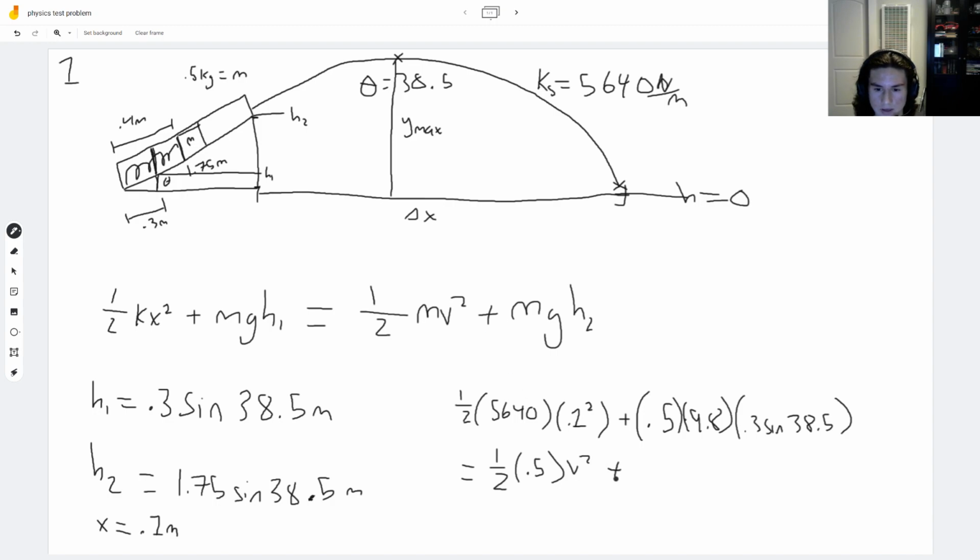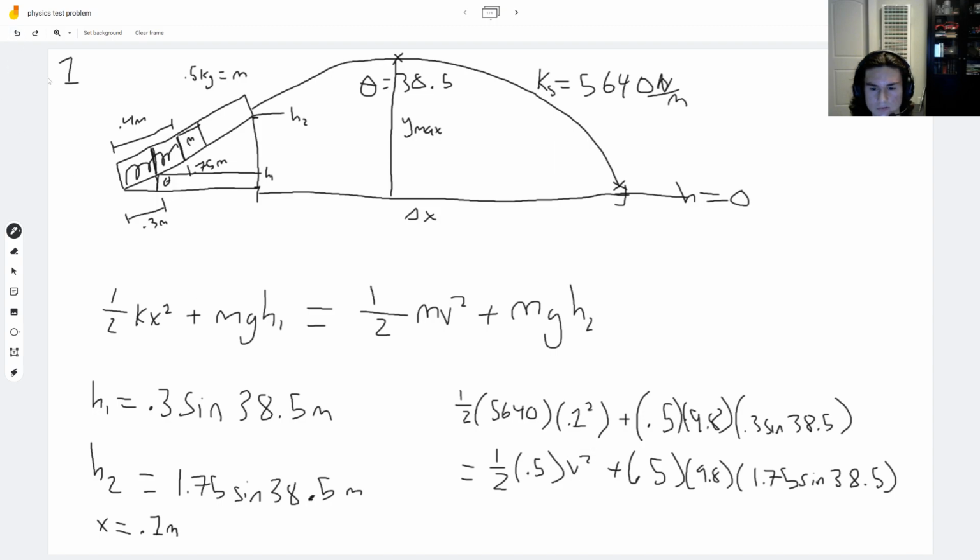And then we're going to add 0.5 times 9.8, and then height 2 is 1.75 sine of 38.5. Okay, so now we're going to basically just solve for v squared here.